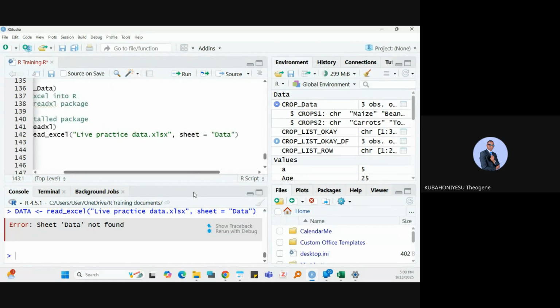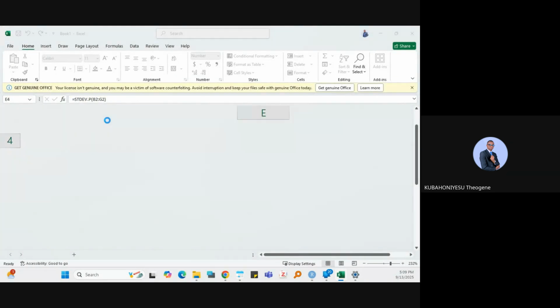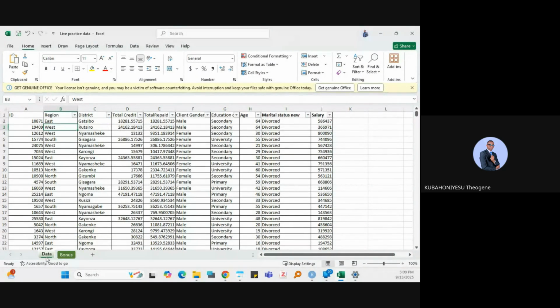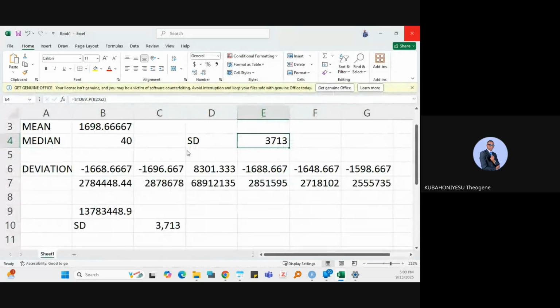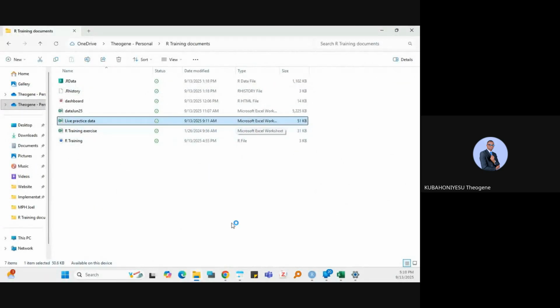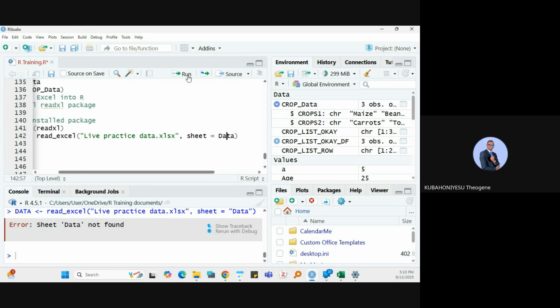The sheet is not called data. There is bonus and there is data. Let me try without the quotation. If I don't specify the sheet, it will be a problem. It is not finding that.